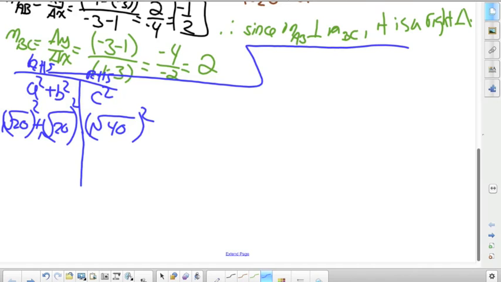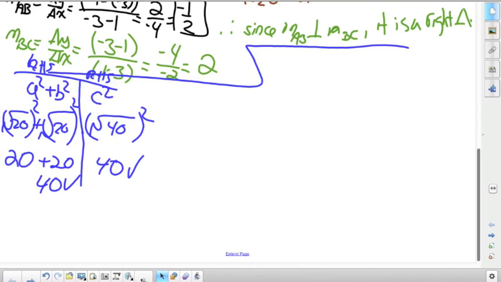Plus 20. I know we're doing really highly complex math here. Square root of 40 squared, 40. So here the Pythagorean theorem holds true. So this is another way you can show me that yes, there's a right angle triangle in there.